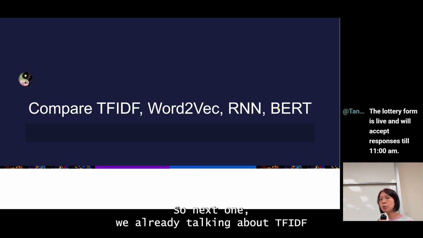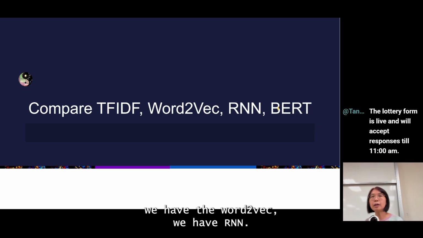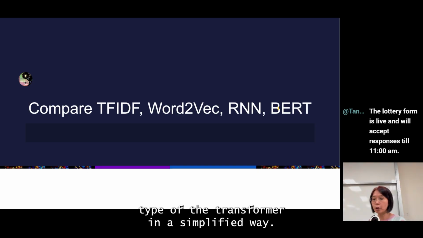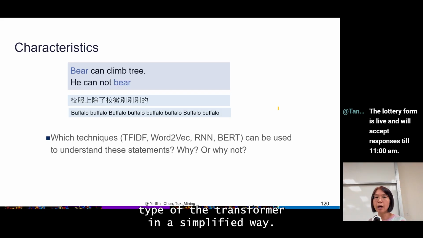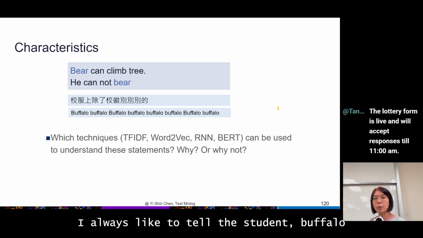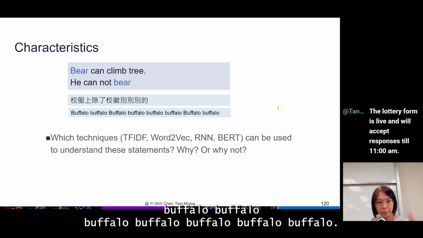Okay, so next, we have already talked about TF-IDF. We have word2vec, we have RNN, we have BERT. I did not talk about the transformer because BERT is a type of transformer in a simplified way. And the interesting part is a statement I always like to tell students: Buffalo buffalo buffalo buffalo buffalo buffalo buffalo buffalo.